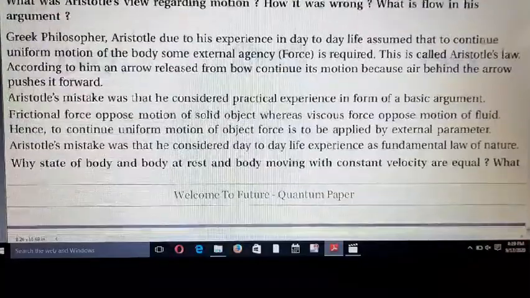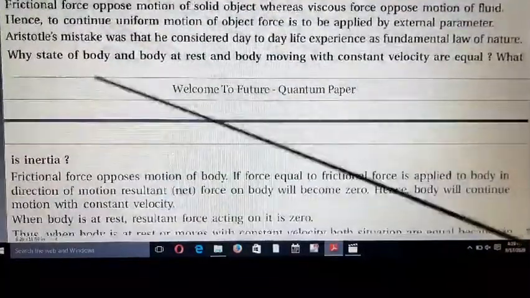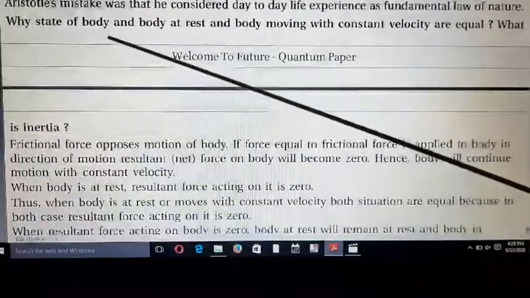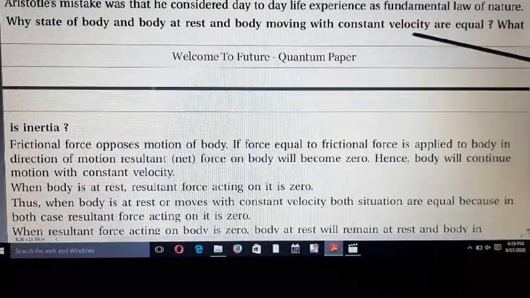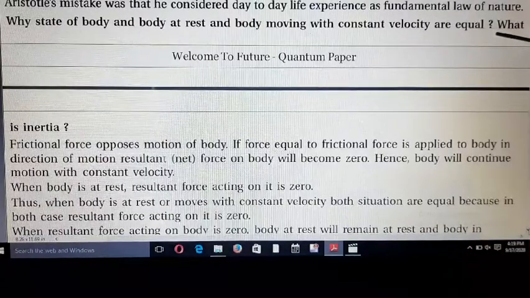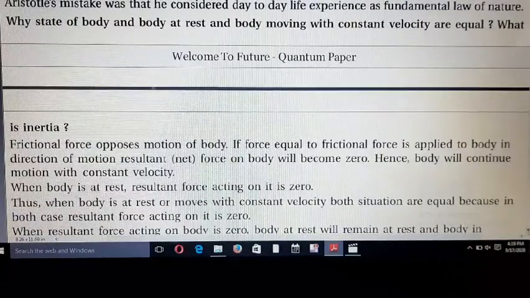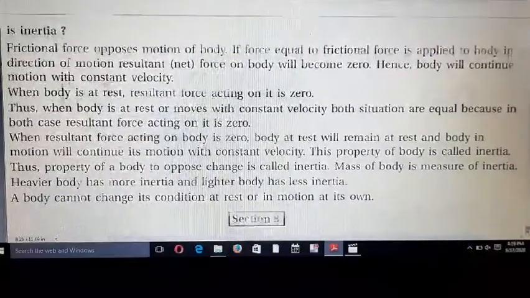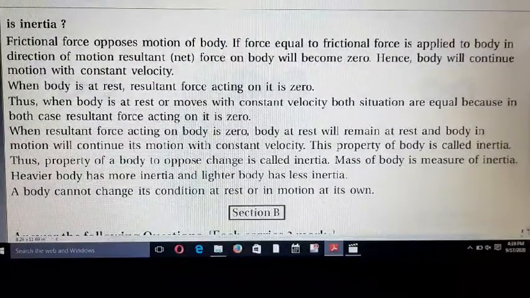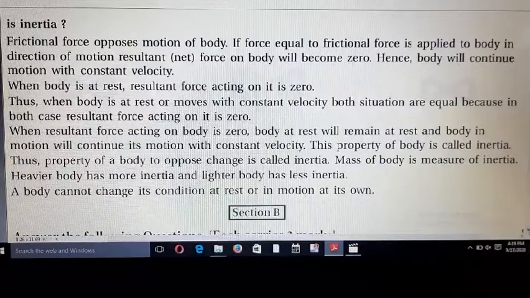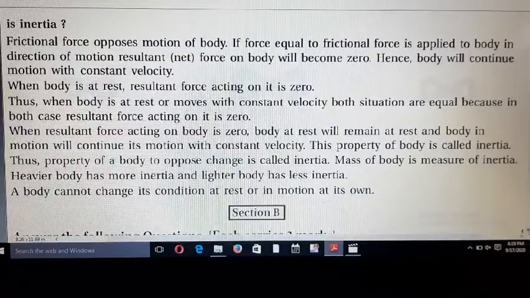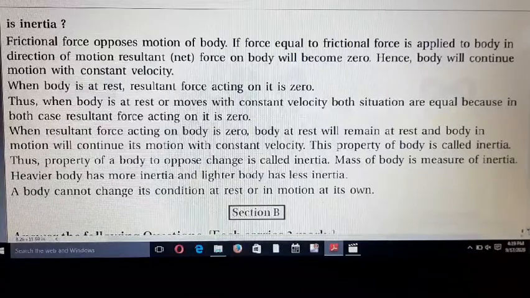Our next question is, why are the state of a body at rest and a body moving with constant velocity equal? What is inertia? So friends, any type of object opposes a change, unless some force is applied. This property is called inertia.